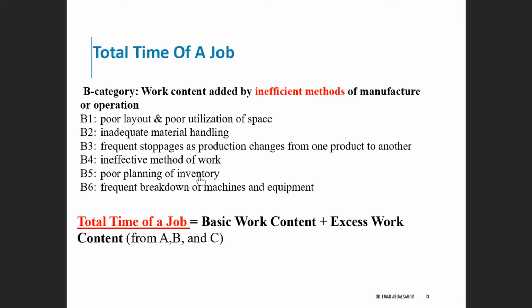Poor planning for inventory. Oh, this is a very good one, because an example of poor planning for inventory is when you go for spare parts and they tell you we don't have these spare parts, you have to wait, whether at a car authorized dealership or a company fixing machines in your home like an oven or fridge, and they tell you that this spare part is not available.